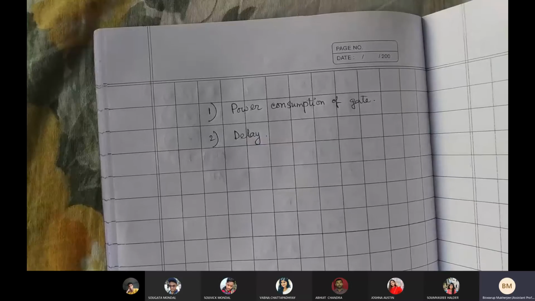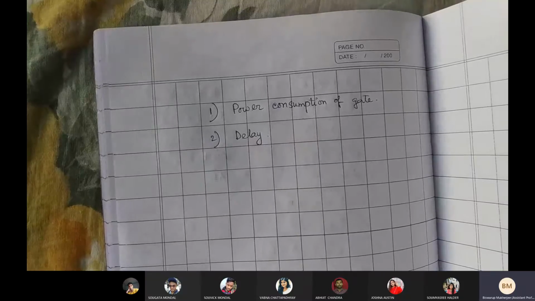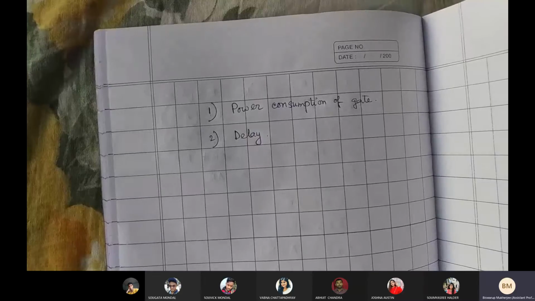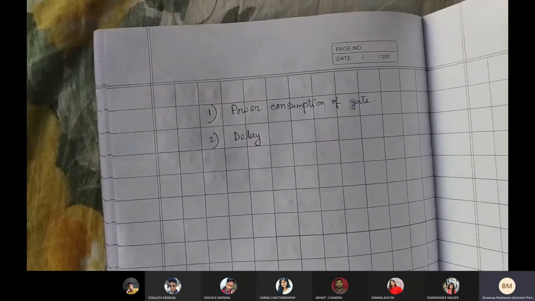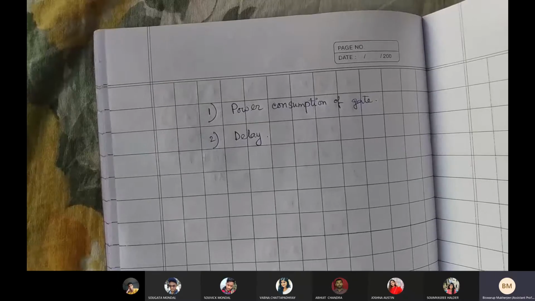Whenever you provide the proper biasing voltage or input signal, there will be flow of electrons, or holes. Accordingly, it will produce some voltage or current response, and then we can say the output has been generated.